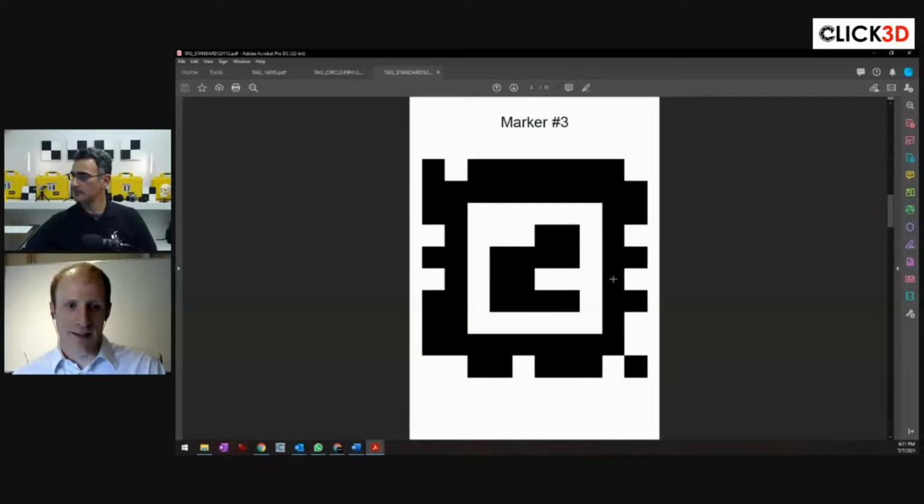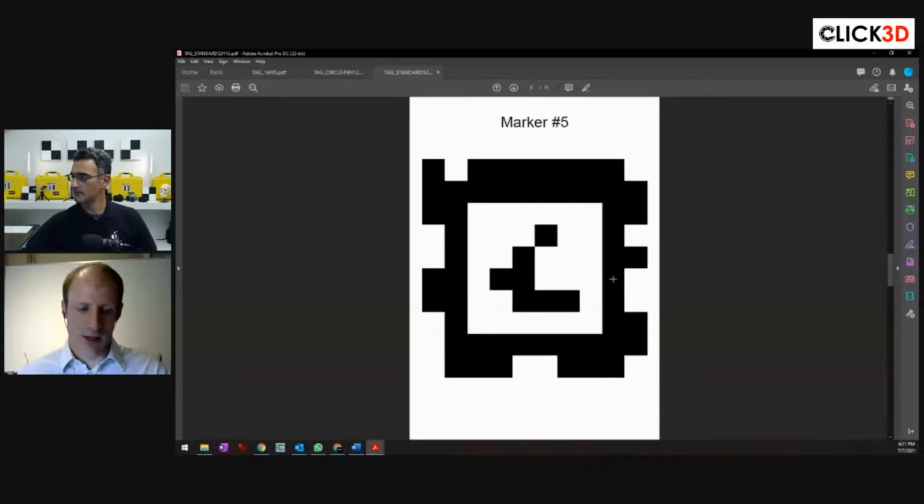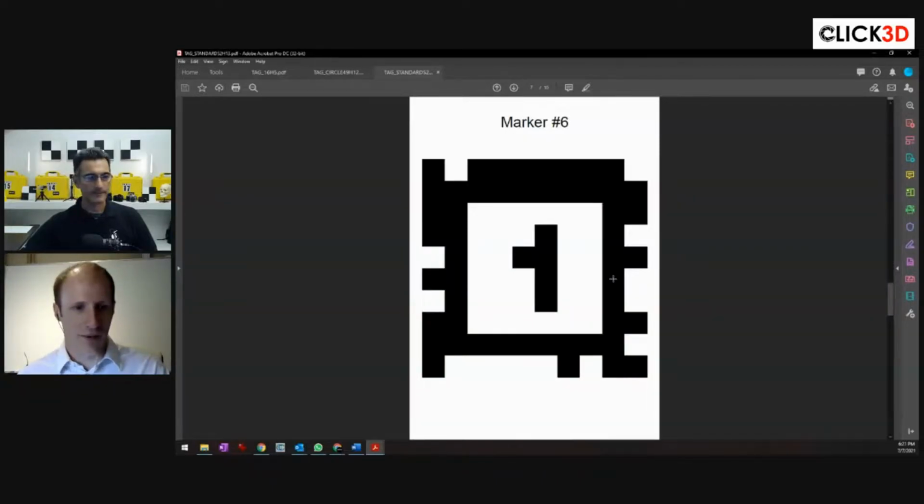The other thing that's useful for a more pragmatic reason is that because the border is on the inside of the tag, a user is not going to accidentally cut along the border. That happens where people cut off the detection border and then the tag is undetectable.